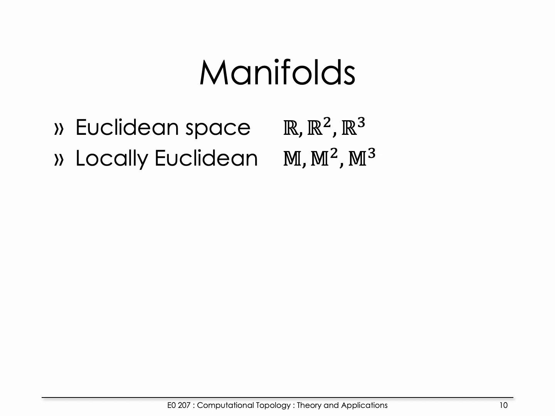This means that if you are an ant living in one of these spaces, you don't have a worldview. You get to see only the local neighborhood of yourself, right? And if your local neighborhood behaves like the Euclidean space, then you call the space a manifold. Let's look at examples and then look at a formal definition.